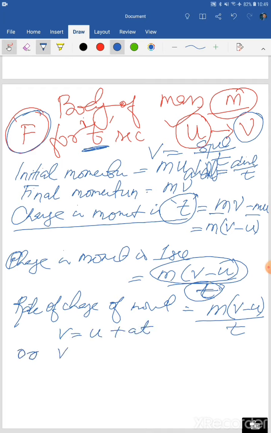That is given by F equals ma. So the product of mass and acceleration will give you the force that is required to set a body which is in rest into motion, or to set a body which is in motion into rest. So quantity, how much force.